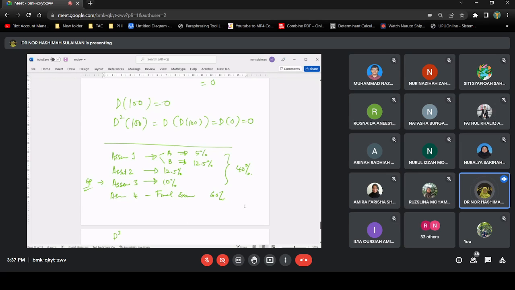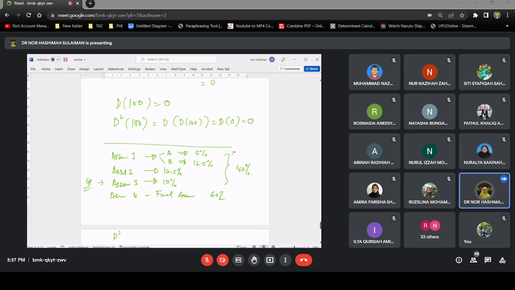Okay, satu saya nak pesan, jangan kerana nak dapatkan markah yang tinggi tersanggup meniru waktu assessment, sebab benda ni saya tak boleh kontrol. So I trust every one of you, so make sure dalam assessment jangan sesekali meniru. That is very unethical. It's a test lah for you.